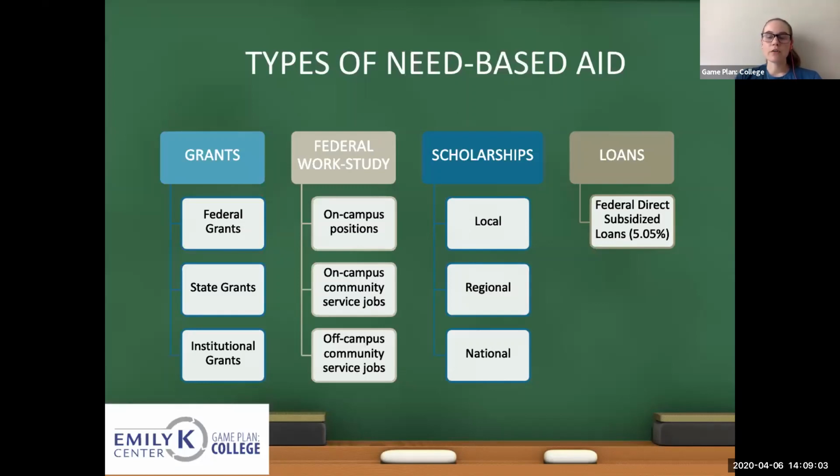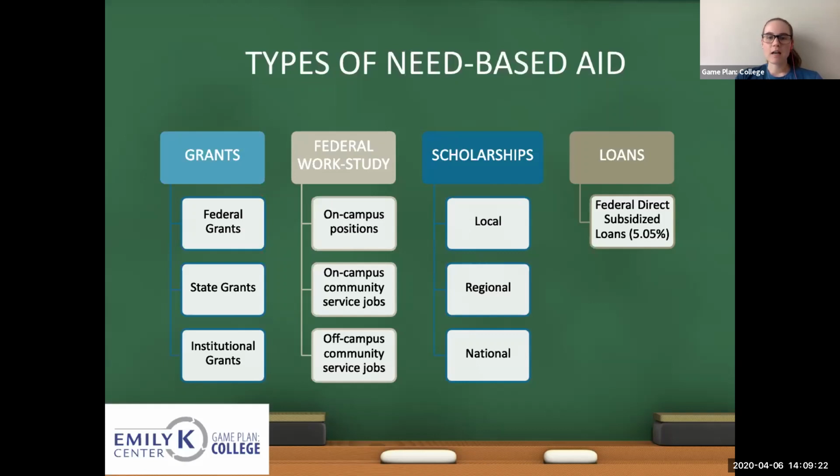When you file the Free Application for Federal Student Aid, you had to put down all of your family's earnings, any houses or properties that your parents own. All of that is used to calculate how much the government and a school needs to give you so that you'll be able to afford college.